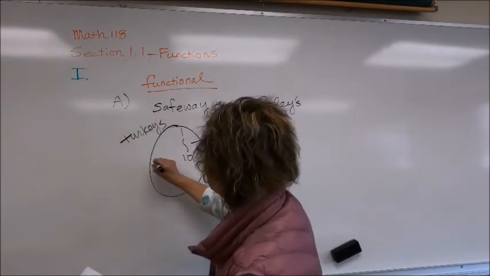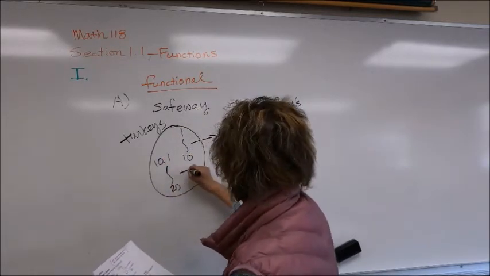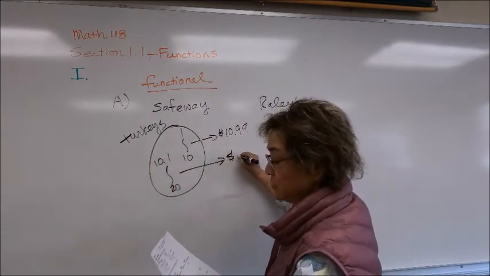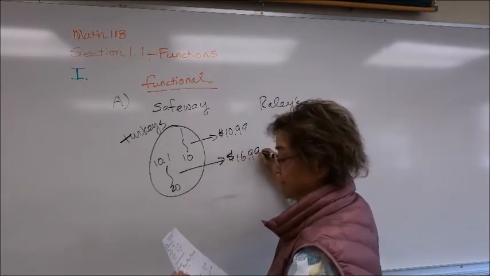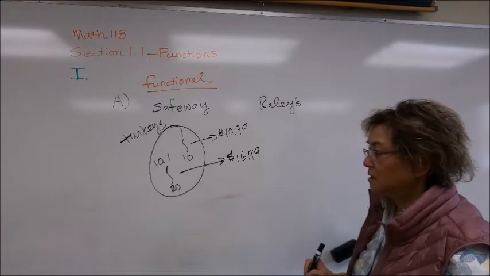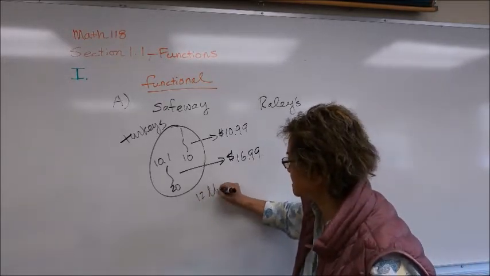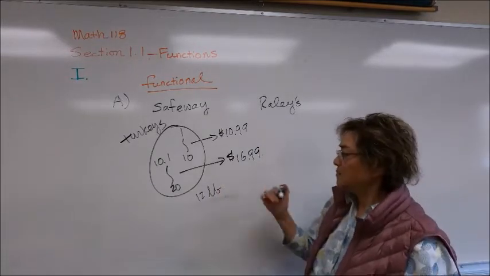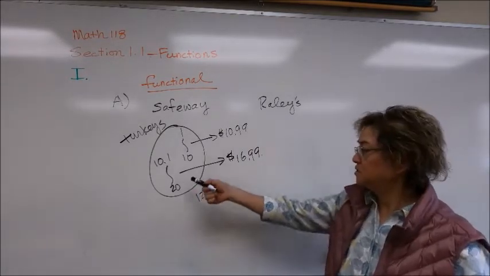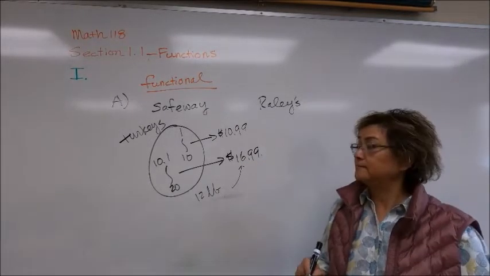Then they say, above 10 pounds, all the way to 20 pounds, they are going to sell you at $16.99. So if you have a 12-pound turkey, how much should you pay? It tells you it should be $16.99.